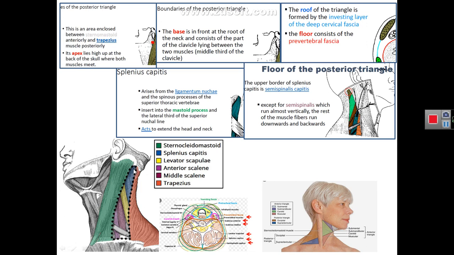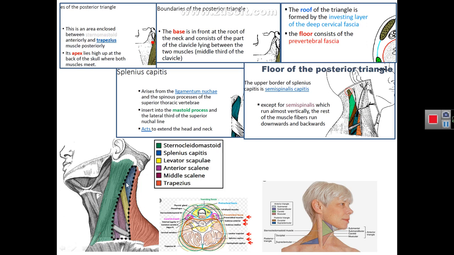The muscle fibers of it are directed vertically, which is different from the direction of other muscles forming the floor, which are oblique. The semispinalis capitis muscle is an inconstant finding.